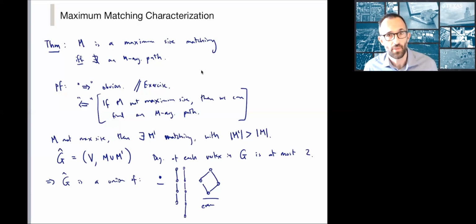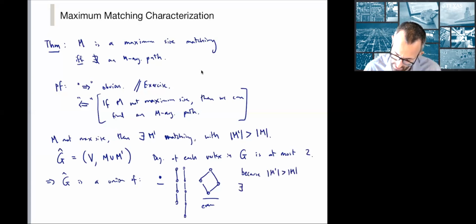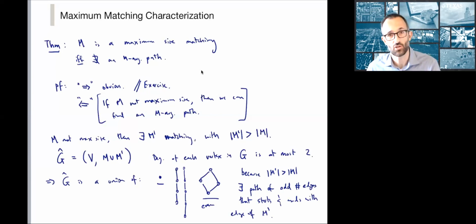And again, by the same reasoning, if all the paths were even length, then I wouldn't be able to have at least 1 more edge in M dash than M. So basically, because M dash is bigger than M, there must exist a path of odd length, let me specify odd number of edges, that starts and ends with an edge of M dash and alternates M dash, M, M dash, M. This is an augmenting path. And this is exactly what we wanted to prove.